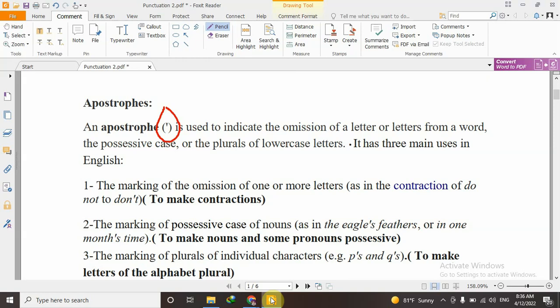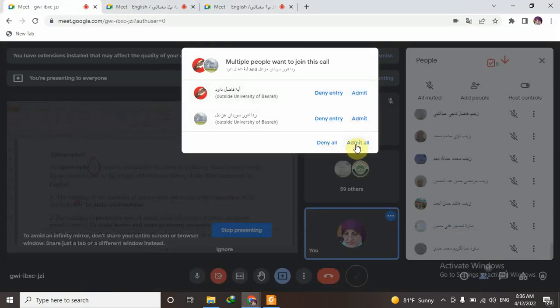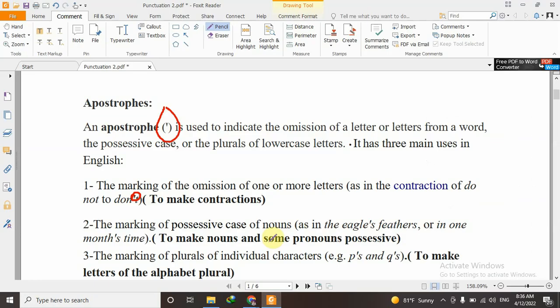Number one, the marking of the omission of one or more letters, as is done within contractions: do not, we make it don't. This is called an apostrophe. We use it to make contractions. It is not necessary to be do not.